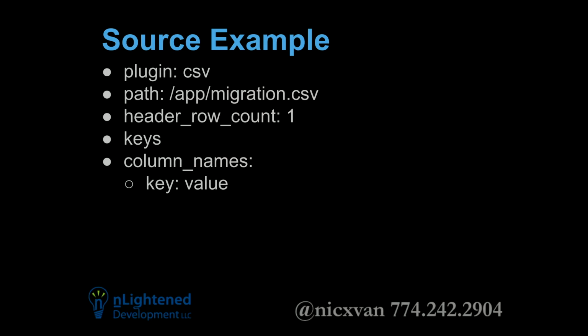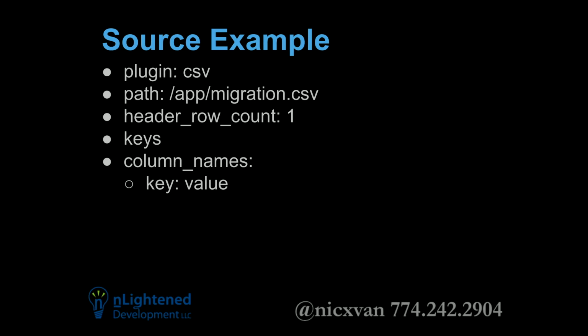Here's a second source example. If you're using a CSV, you're using the plugin CSV, you need the attribute for path. It tells you where the CSV is that you're migrating from. You need to define whether or not you have labels in the header or not. And if you do, instead of IDs, you use keys.